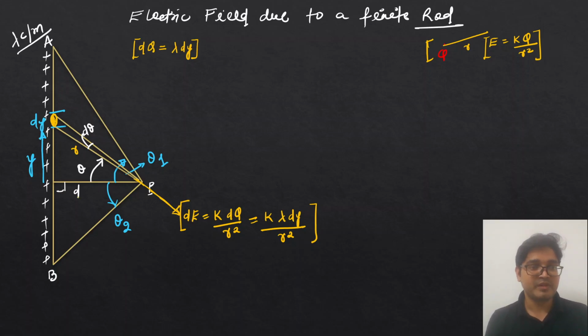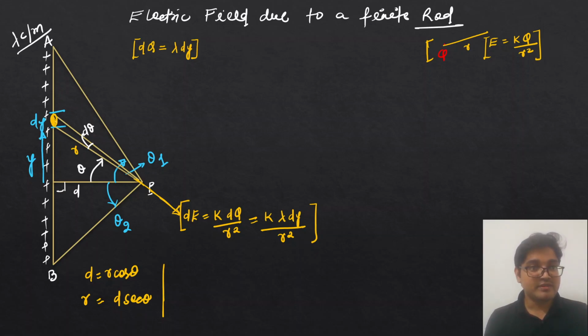From this right angle triangle, d is equal to r cos theta, right? From here, r can be written as d upon cos theta, which is equal to d sec theta. So r can be written in terms of theta as d sec theta.